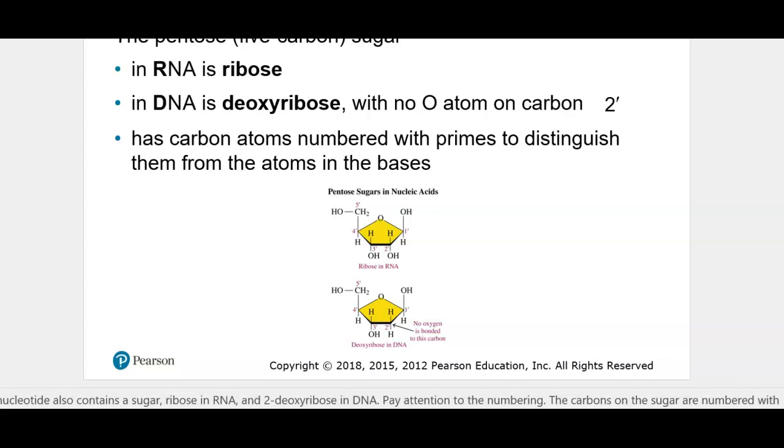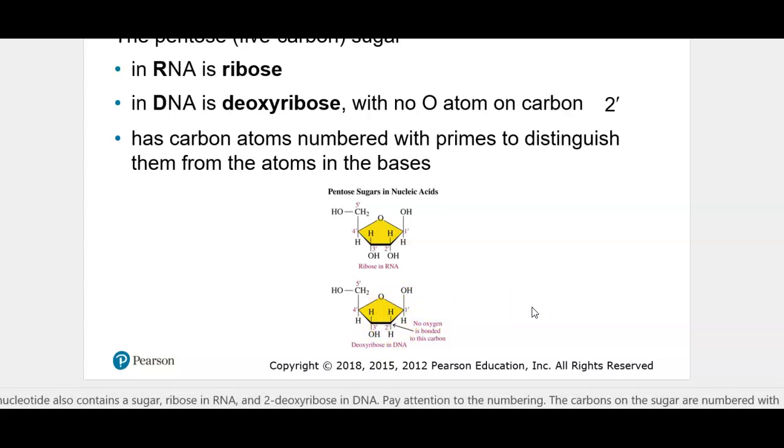Ribose exists as a 5-membered ring, and you already know that these sugars, the 5 and 6 carbon sugars, do form rings like this. And the ribose differs from deoxyribose only in the 2' hydroxyl. So you see in the deoxyribose that there's no hydroxyl on the 2' position.